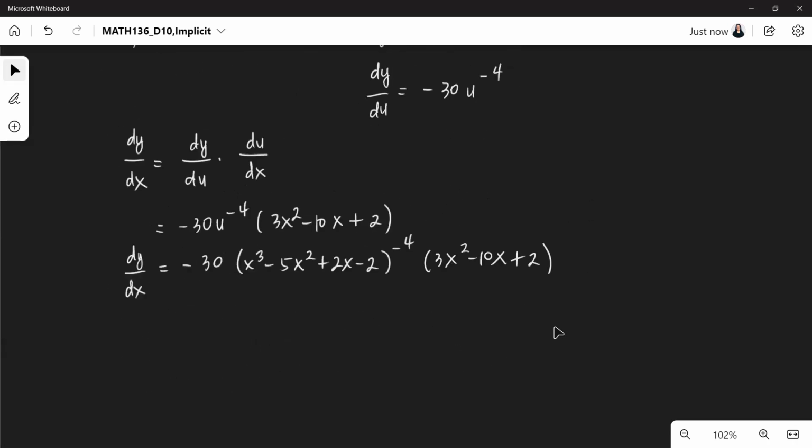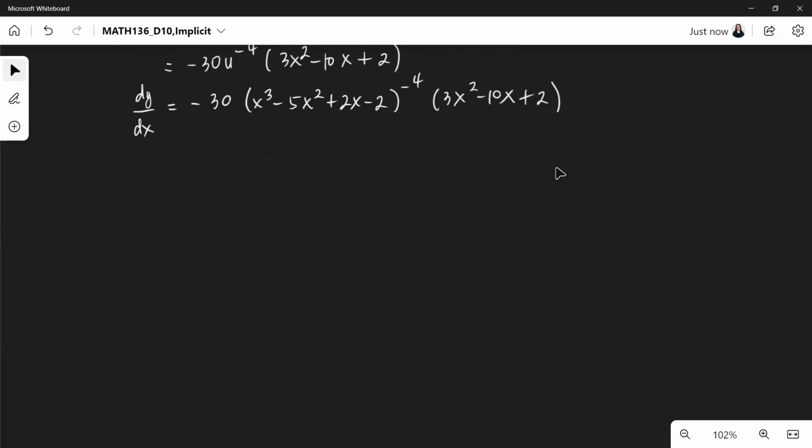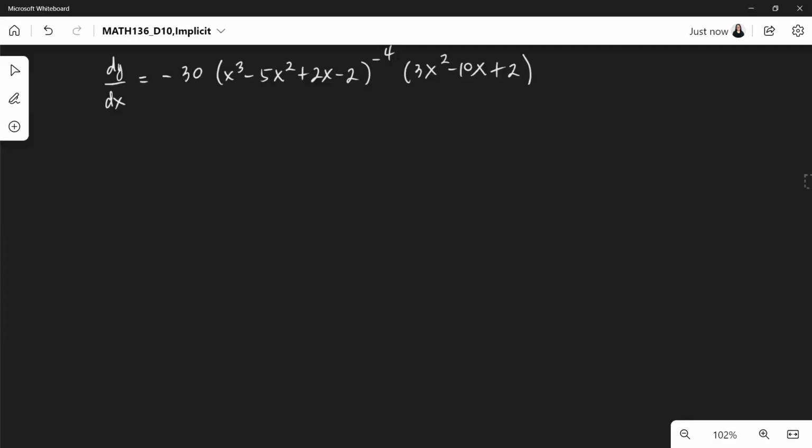And the last example for chain rule. But before the next example, let me just write that. When you transfer it, it is 3x squared minus 10x plus 2 times this.